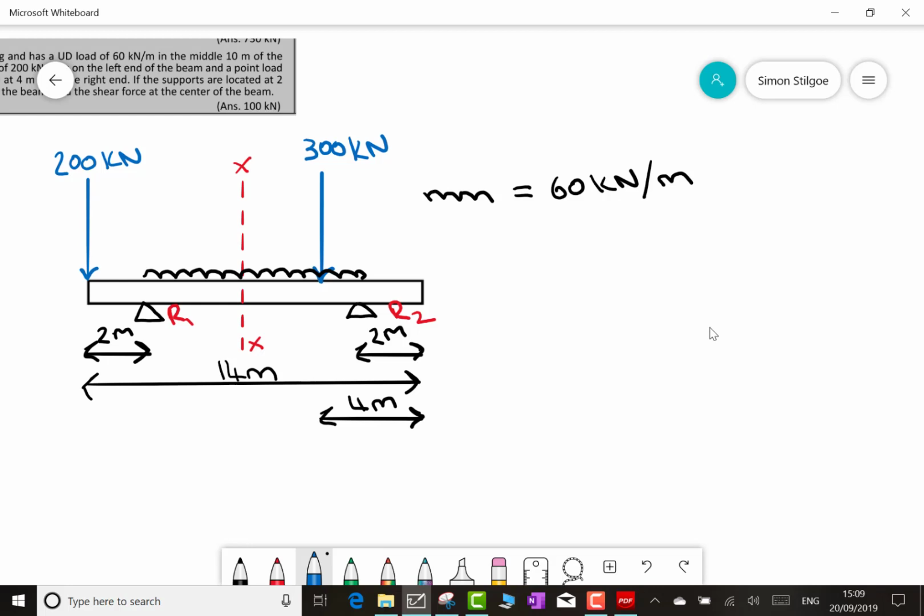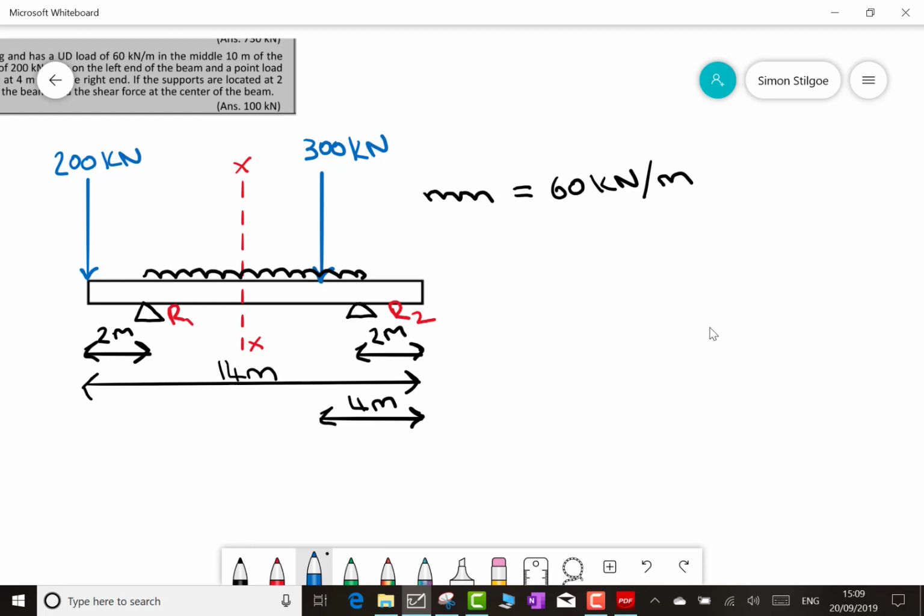As our section XX is down in the middle, it doesn't make much of a difference because we have a point load on both sides of XX. So it doesn't matter whether you go for R1 or R2. I'm going to analyse this from the left-hand end, as that's usually how I start all reaction questions with beams.